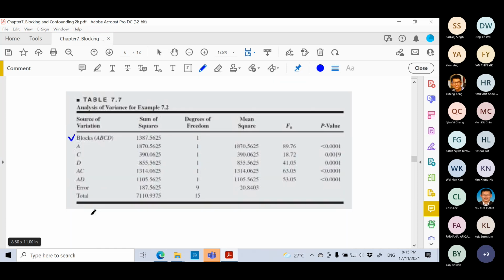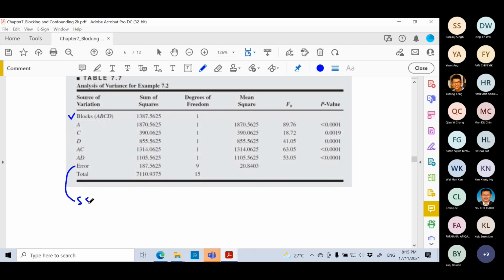So the sum of square for error should consist of the sum of square for the B, plus the sum of square for the AB, AC, AD, BC, plus the sum of square for the BD, plus the sum of square for the CD. These are the 2-factor iterations. Then of course you have all the 3-factor iterations.